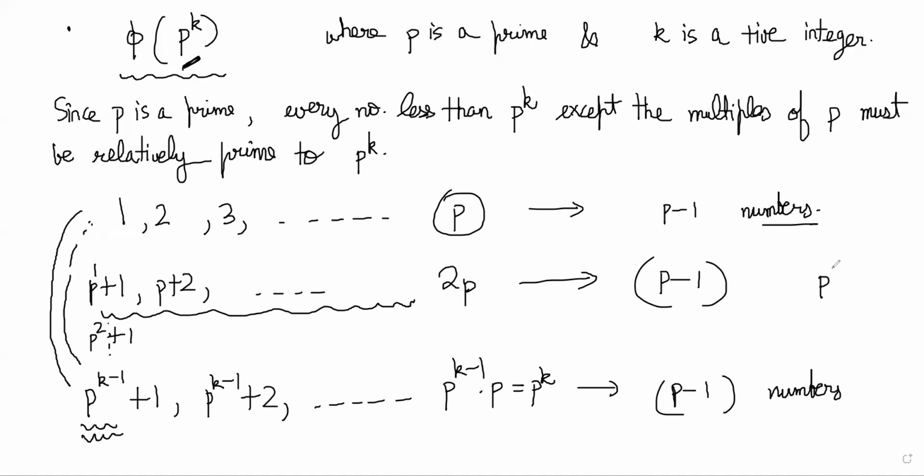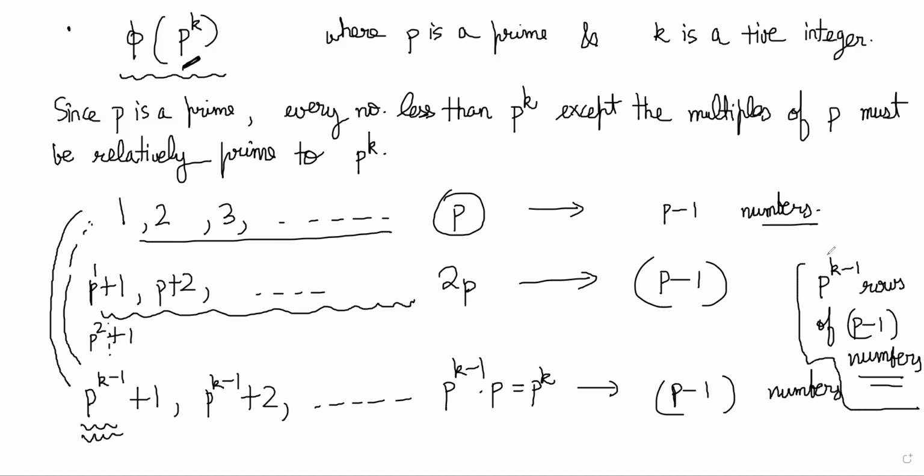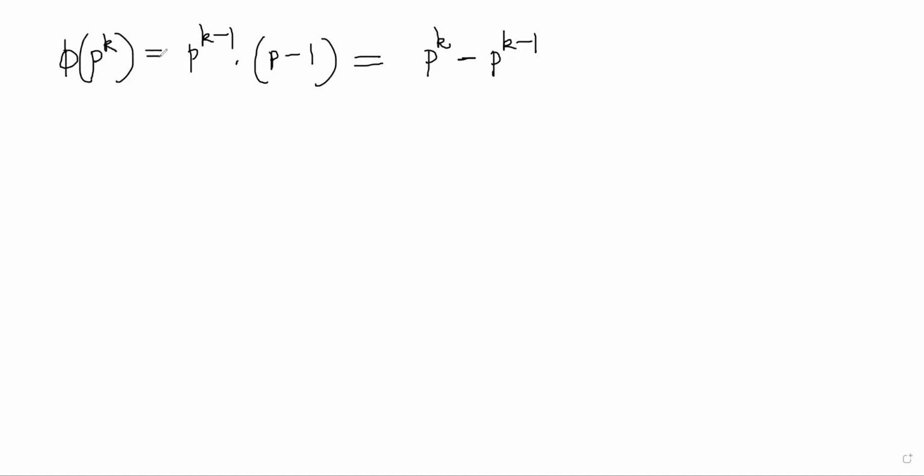There will be basically p power k minus 1 rows of p minus 1 numbers. In each row, there are p minus 1 numbers which are relatively prime to p power k, and there are p power k minus 1 rows. Therefore, the total number of numbers will be p power k minus 1 times p minus 1, which is basically p power k minus p power k minus 1, and that is equal to the value of phi of p power k. So this gives us the number of numbers which are relatively prime to p power k.